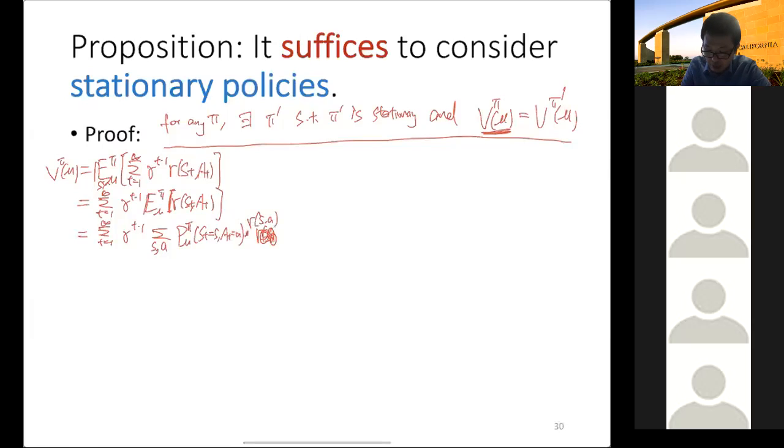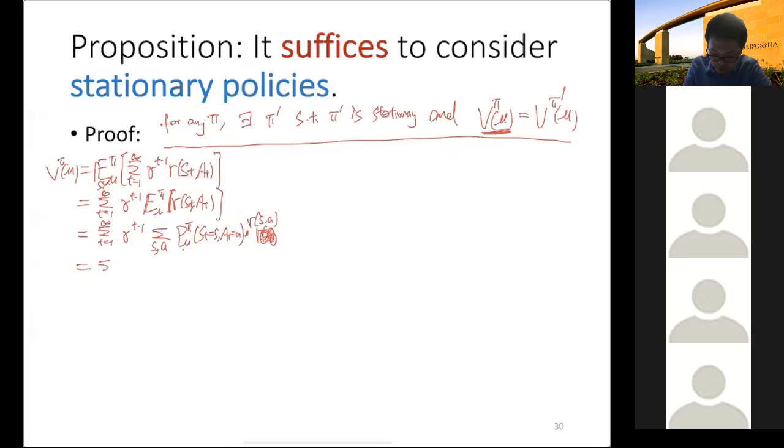This probability distribution, I'm using this to denote the marginal distribution of S_t and A_t at step t for this state-action pair to be equal to S and A. Now let's exchange the order of the summation again.